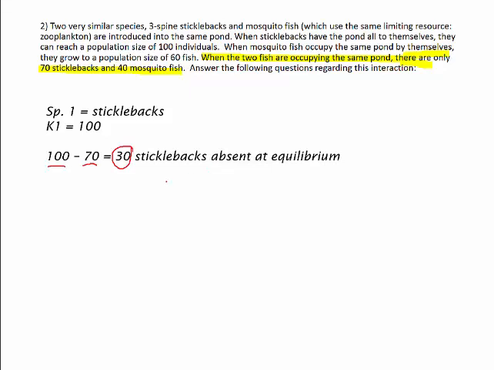And that's an important piece of information because that tells us that these 40 mosquito fish are using up the resources of 30 stickleback. Everybody get that? So these 30 sticklebacks that are not present when the two species are living together, it's these 40 mosquito fish that are using the resources of the 30 sticklebacks.